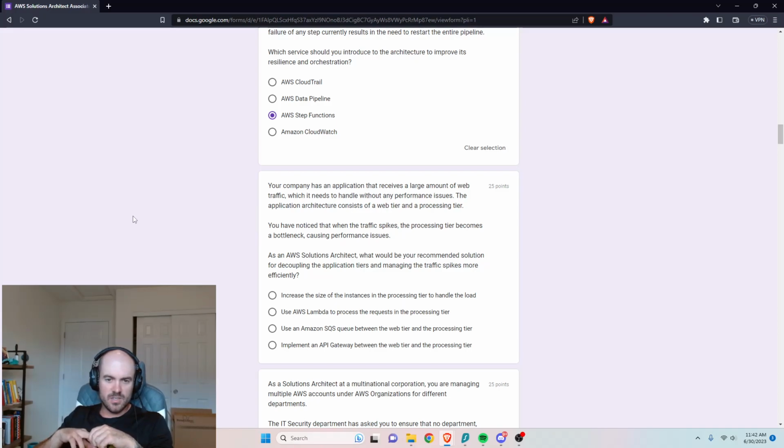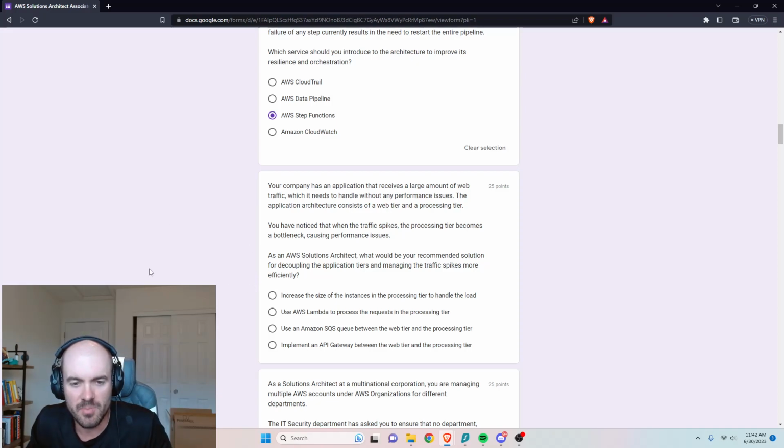So let's see, increase the size of the instances in the processing tier to handle load. That could help, but that's not really relevant to decoupling an application. So let's keep that one in mind, but I'm not convinced that that's the answer. Use AWS Lambda to process the requests in the processing tier.